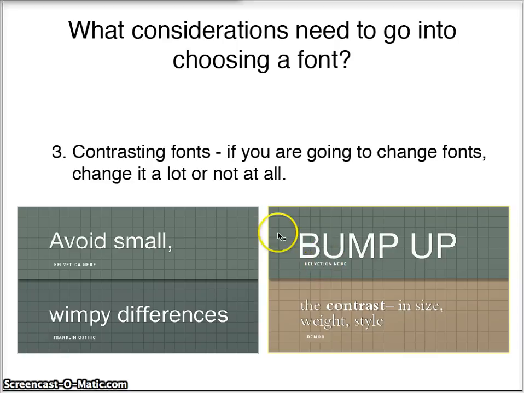Like small font down here and big font up here. A lot of times you'll see companies that do that where they'll put their brand name in big bold font, and then down on the bottom they might have their company's logo or something like that. And so that's a good example of ways to have contrast in your fonts and still be able to create a nice website.